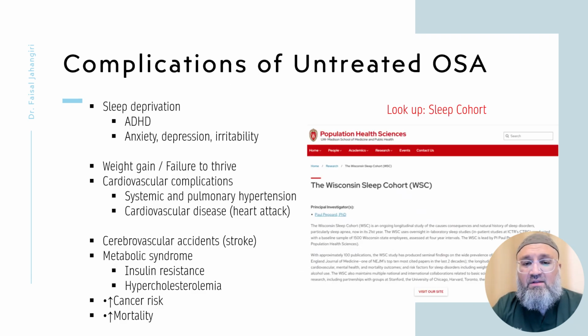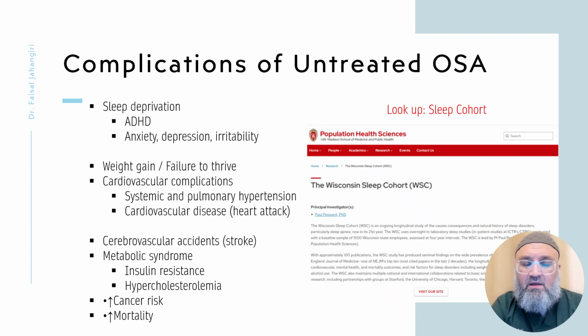So OSA should be treated, as it has bad complications and bad outcomes if it is not treated. For simple ones, sleep deprivation can result in ADHD, anxiety, depression, irritability, weight gain, and failure to thrive. The cardiovascular complications include systemic or pulmonary hypertension, which is dangerous and can result in heart attack.